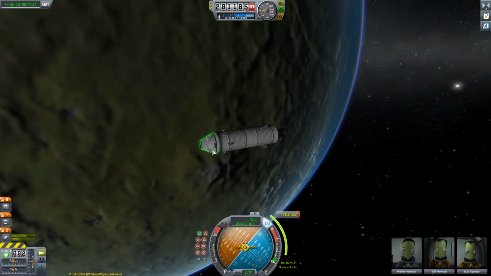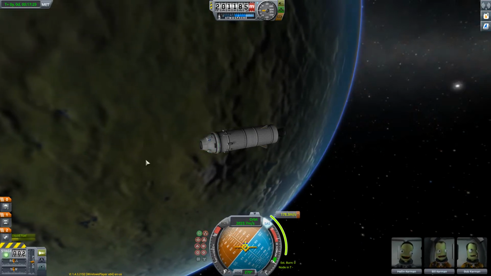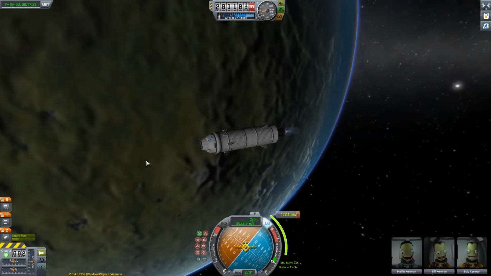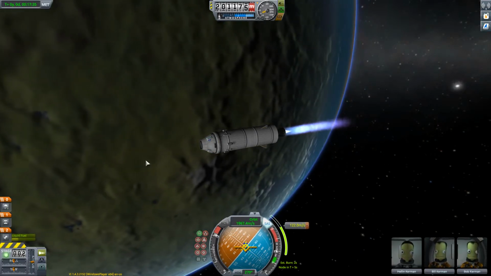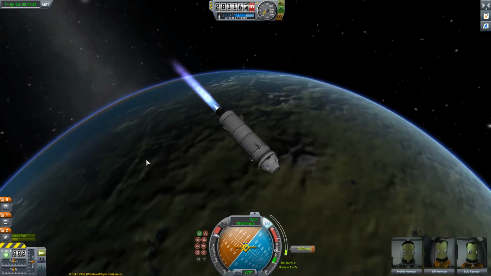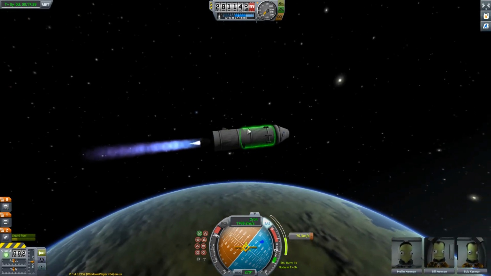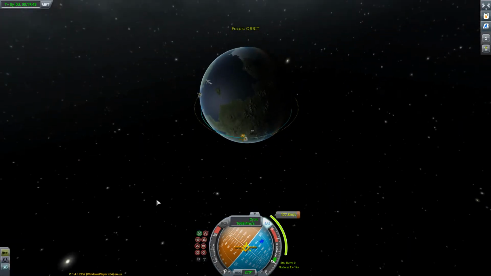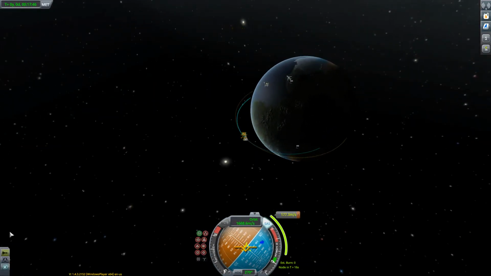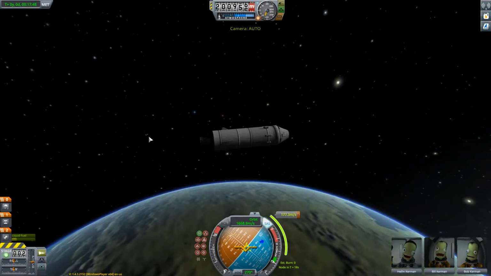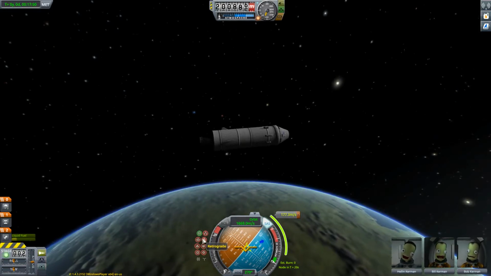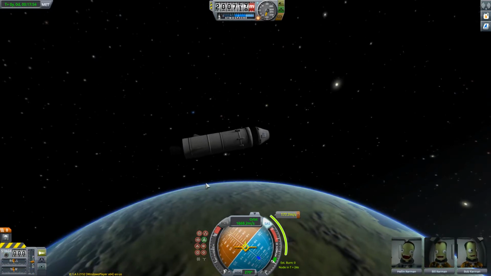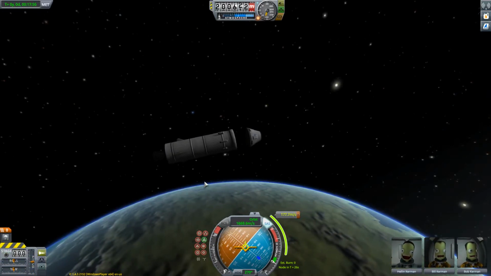And then at about 5,000 meters, we're going to press space again and activate the parachutes. Okay, we surpassed our node time. Okay. Click retrograde. Space, and we're good to go. I'm going to turn off my mic now because it's about to get really loud.